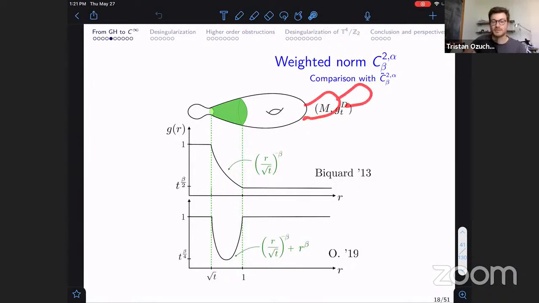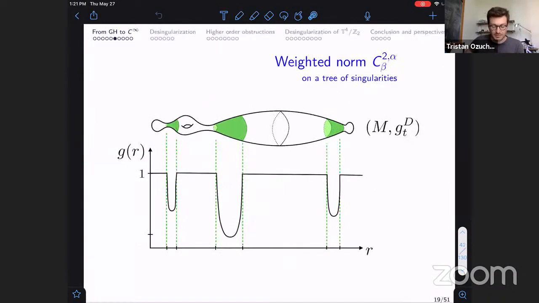If you have a tree of singularities, it's even worse. It's not really possible to make sense of this norm for a tree of singularities, while here, you can completely make sense of everything in a tree of singularities. You just ask to be bounded on your large compact region of each model space, and you ask to have a decay in each neck region.